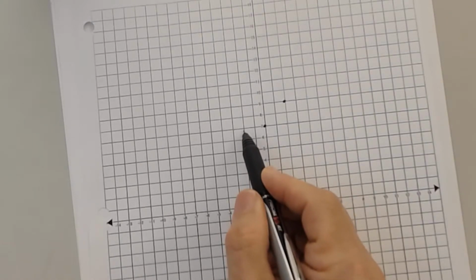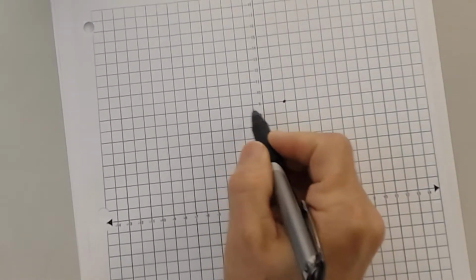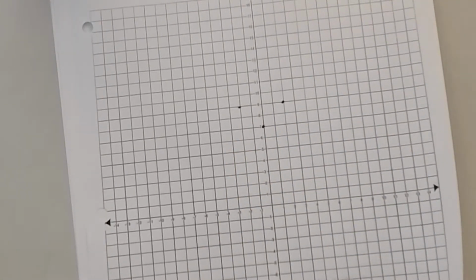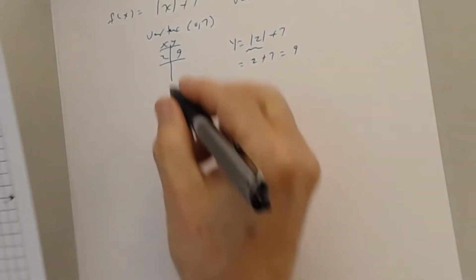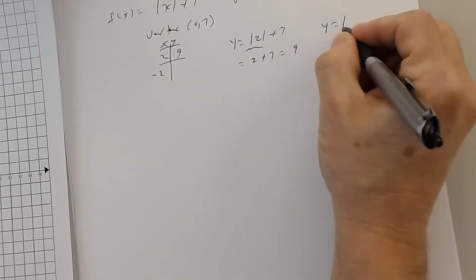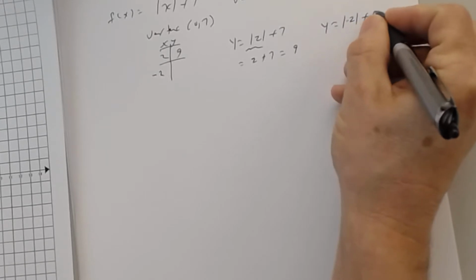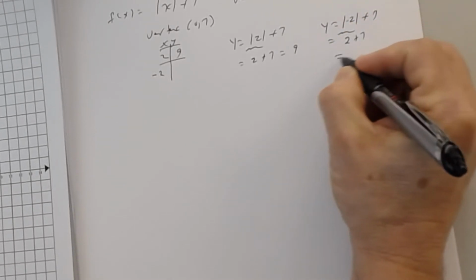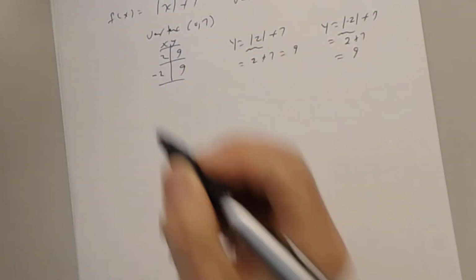What's going to be my y value? Better be 9 still. You can check it: if x is negative 2, y equals the absolute value of negative 2 plus 7. The absolute value of negative 2 is 2, and 2 plus 7 is 9. That's what we said it had to be.